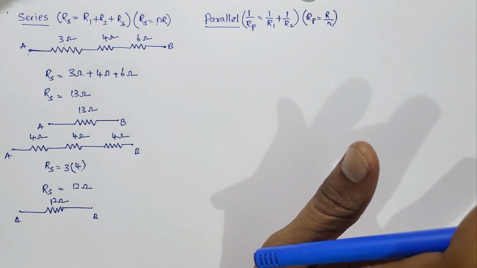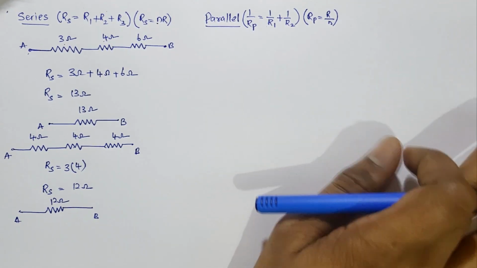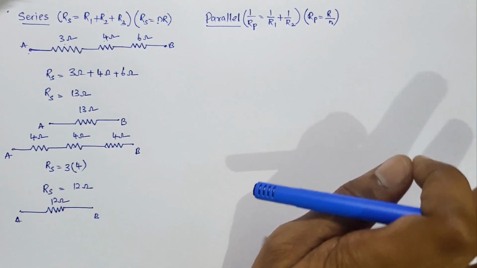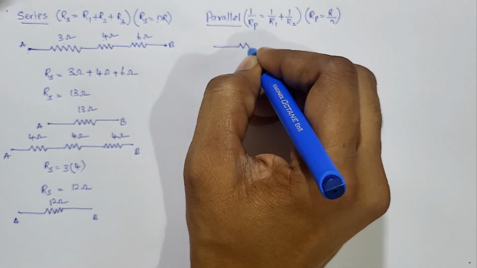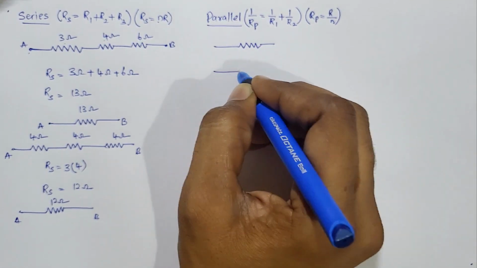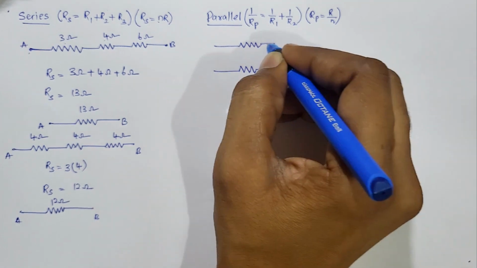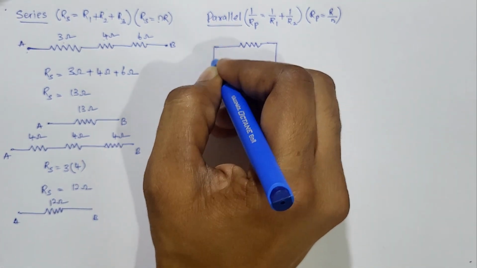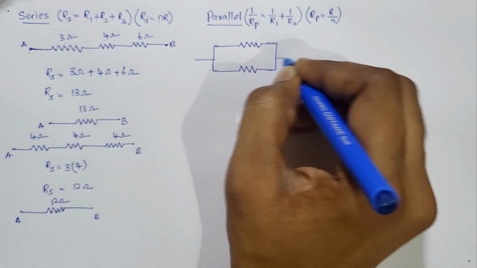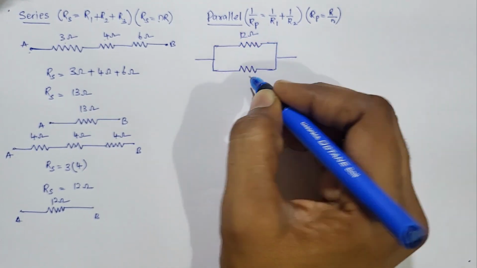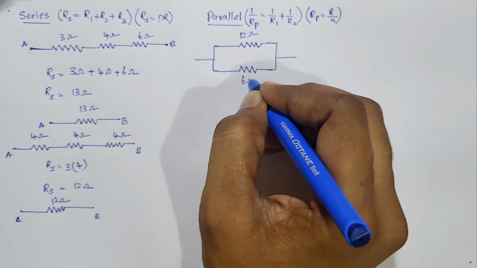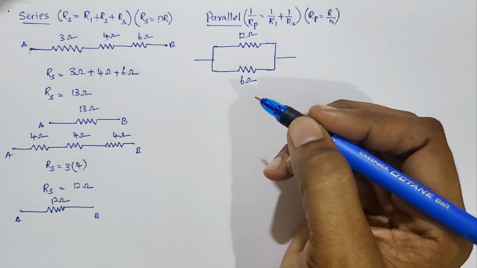Observe neatly. I will solve very slowly so that each and every step you should understand. Imagine that there are two resistances. This one's value, let us take it as 12 ohm, and this one as 6 ohm. 12 ohm and 6 ohm.